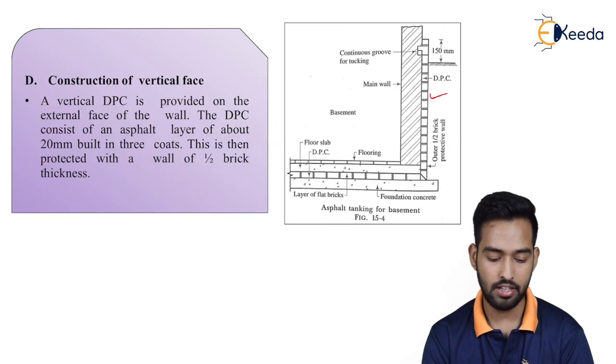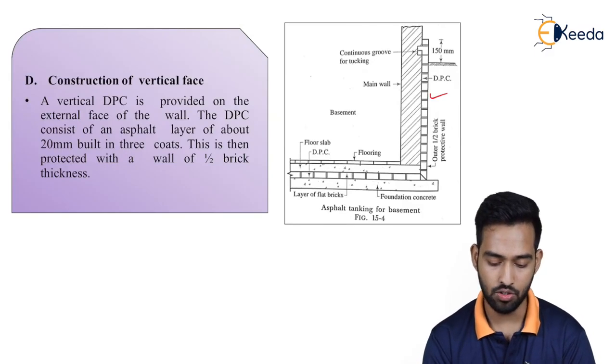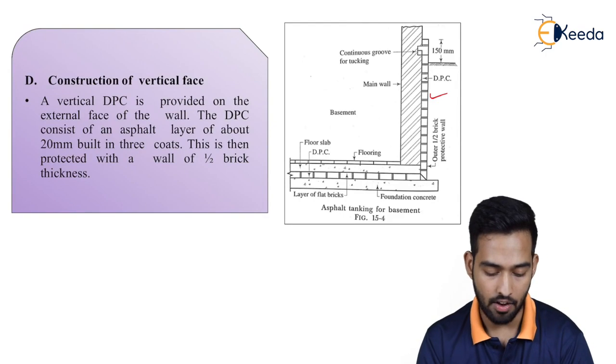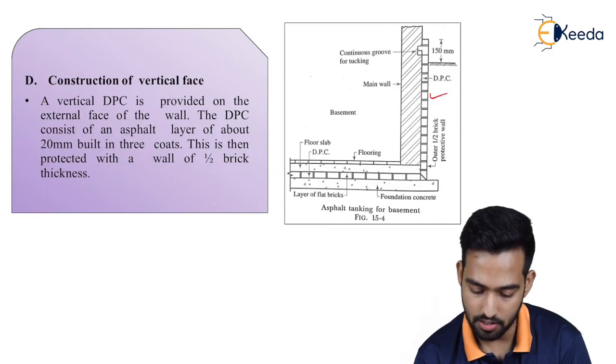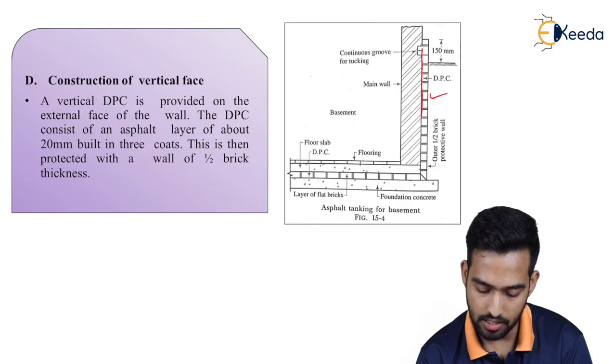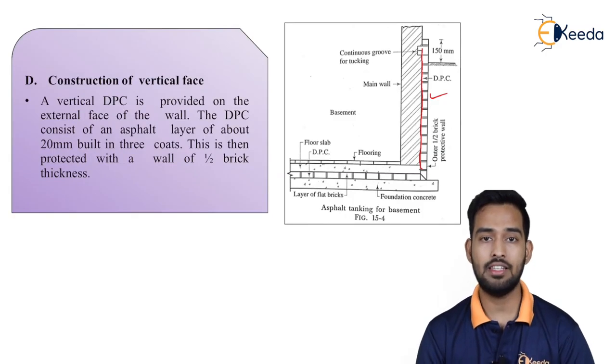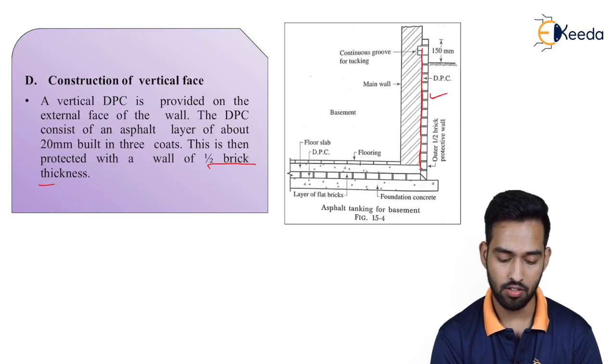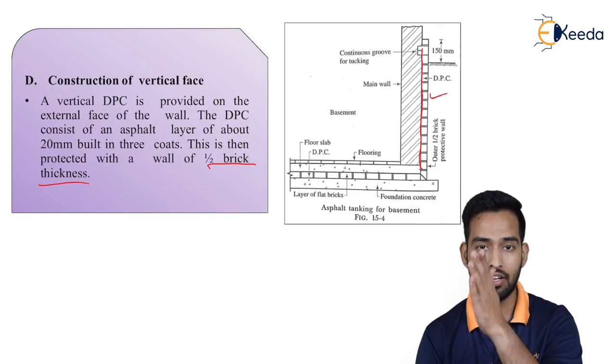This layer of 20 mm is built in 3 coats. This is then protected by a wall of half brick thickness. So as you can see over here, inside this wall we have a DPC, which is covered by using a half brick thickness wall. This method is known as construction of vertical face.